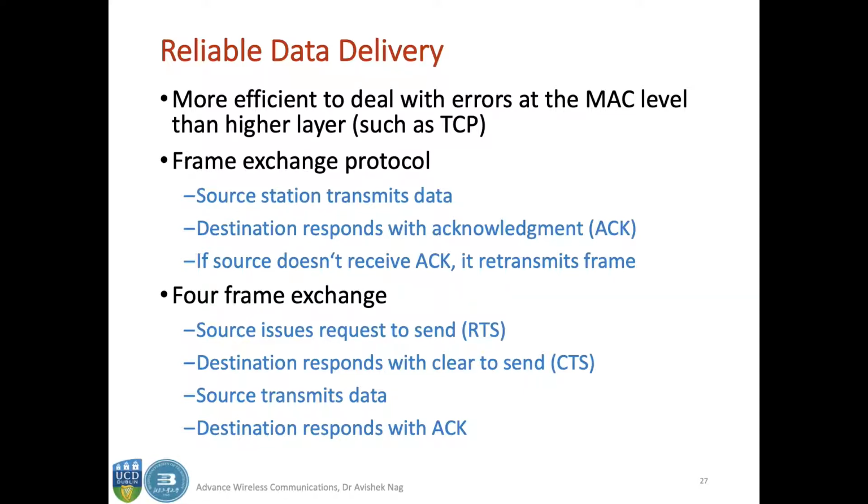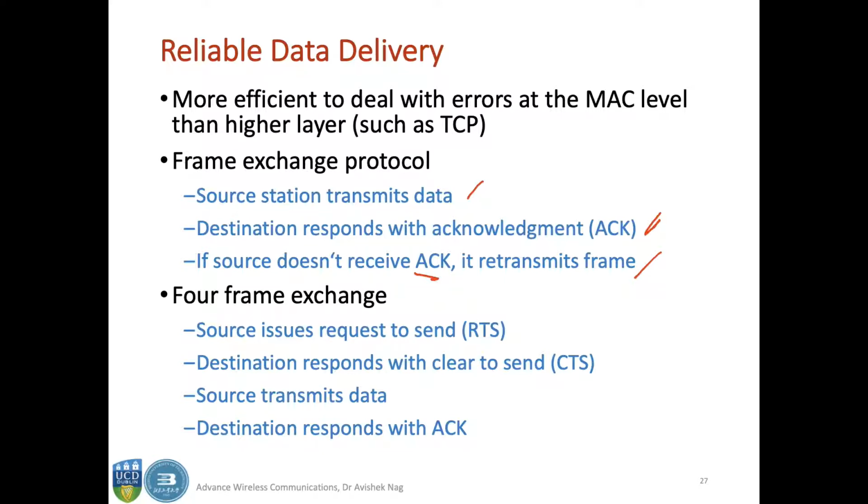So within that you have the frame exchange protocol. The source station transmits data and the destination responds with an acknowledgement, and if source doesn't receive the acknowledgement, then it retransmits the frame. And within this frame exchange protocol, you have four types of frame exchanges.